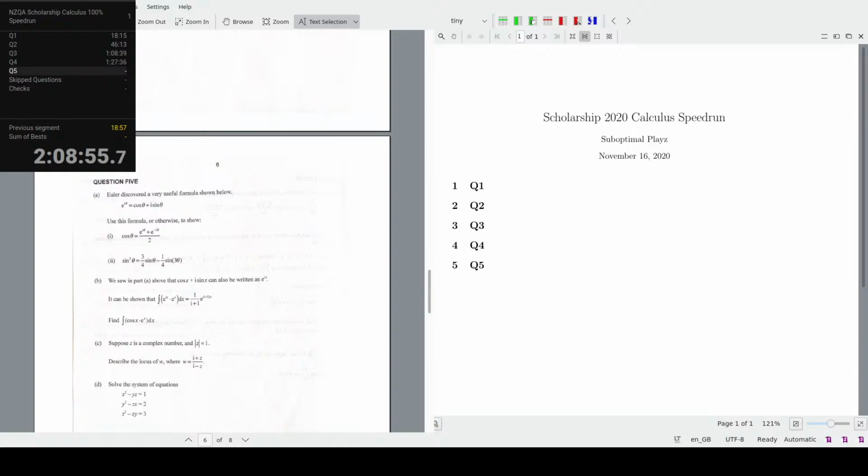I think this is correct. Wait, no, it's 2z squared plus 3z is equal to, yeah, okay. That's even worse, right?